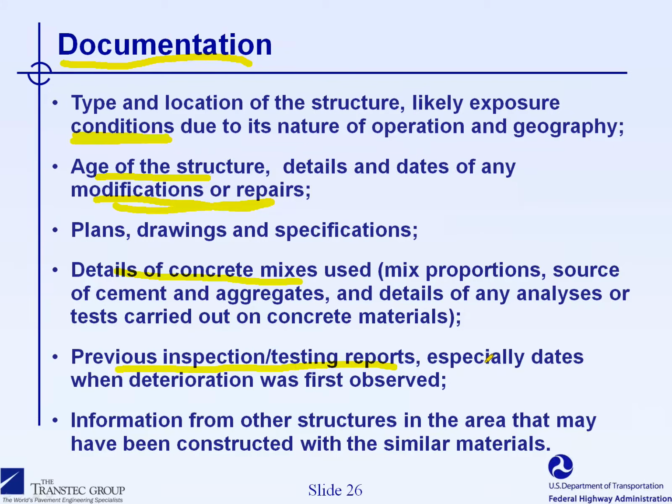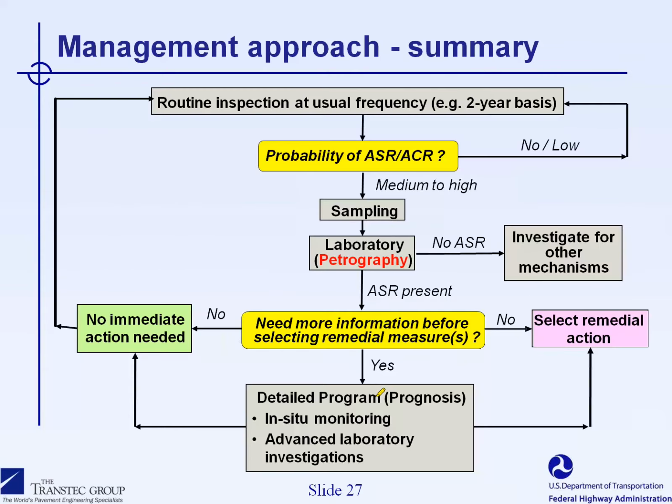If there's been any previous inspection or testing report, especially information dealing with deterioration, if it was observed and when, and also information from other structures in the area that may have been constructed with similar material, and if there is any deterioration in those other structures, that could be information very useful for interpretation.